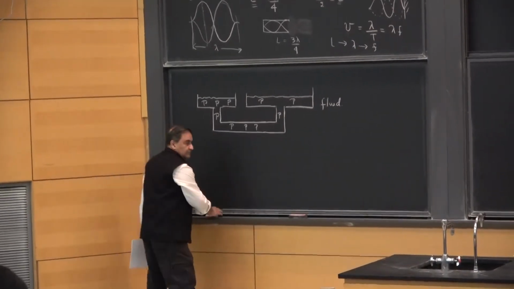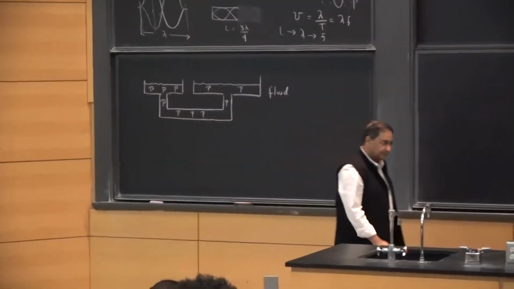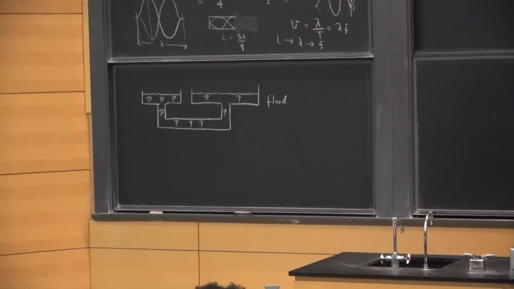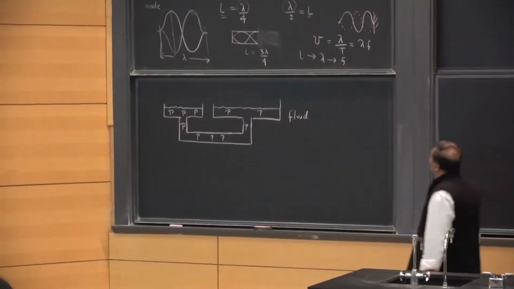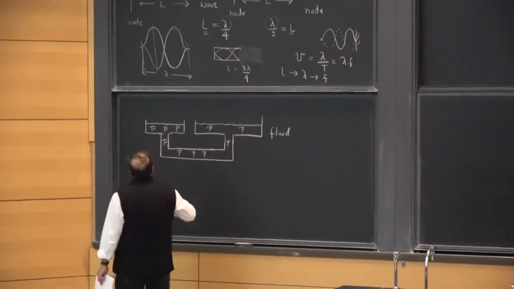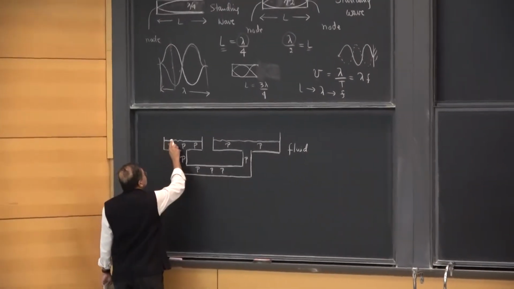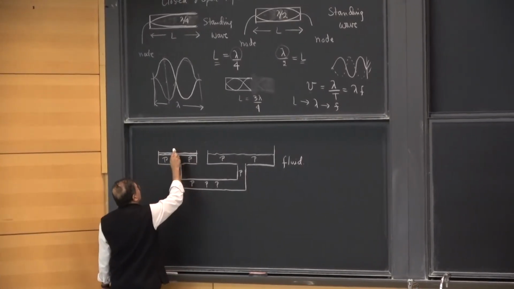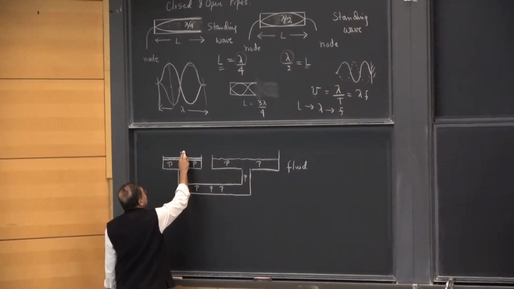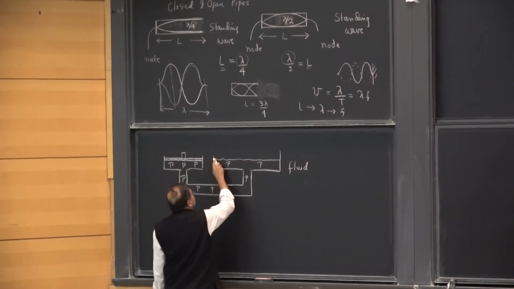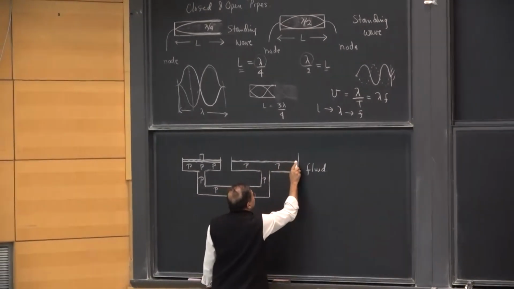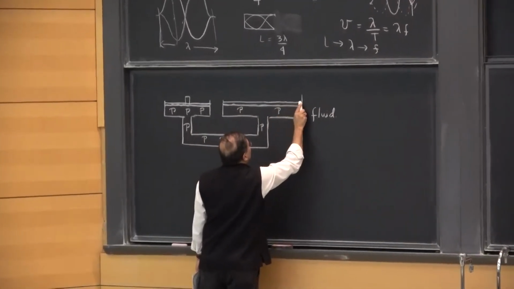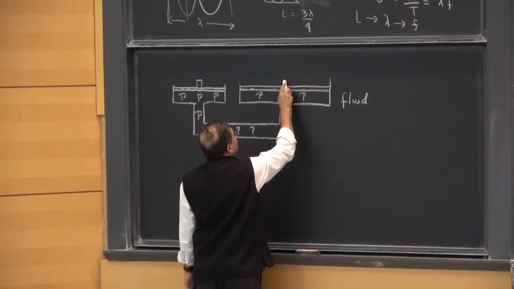So now suppose, let's use a different colored chalk. Now suppose I put in a piston on both sides. So I put in a piston here. A piston is something like this, and I put in a piston here. Let's say something like that.